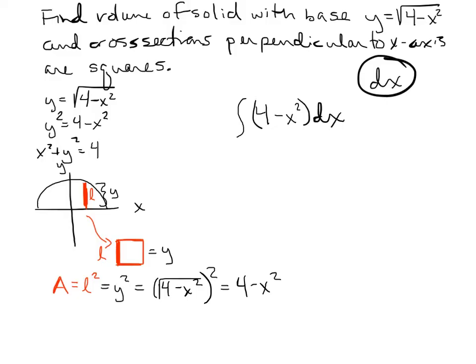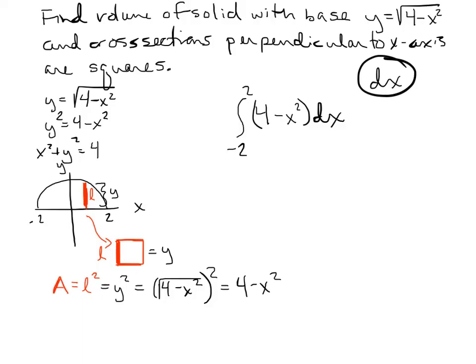Now the bounds. Remember that we're integrating with respect to x. Let's go back to our picture. The bounds have to go from, let's see, this is a circle with radius 2. So the bounds are going to go from x equals negative 2 to 2. And I would notice that we could use symmetry here.